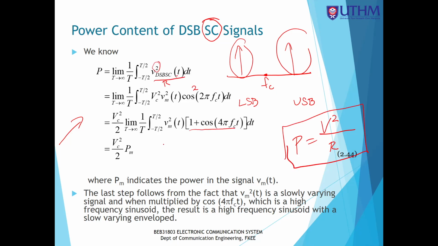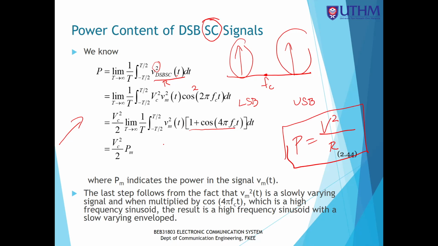So if we put Vm square outside, it becomes like this. So you see that the component cos 4 pi FC, if you do the integral, it will contribute a small value.